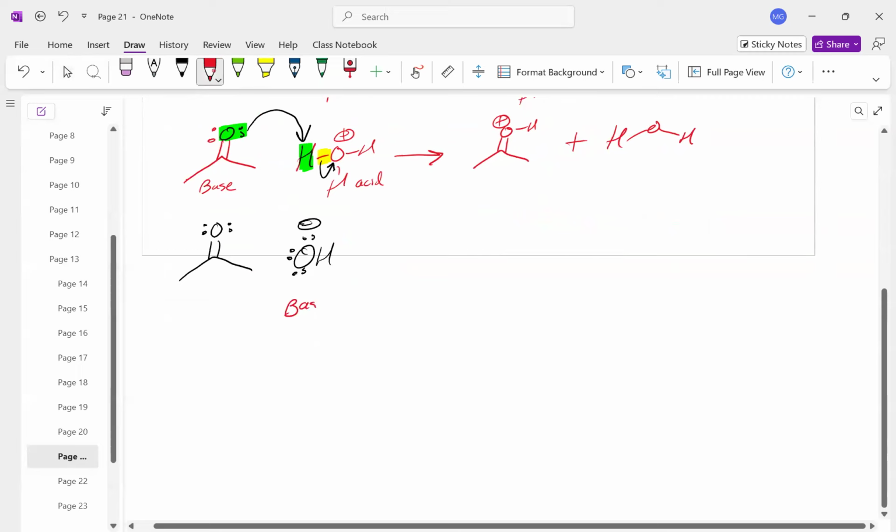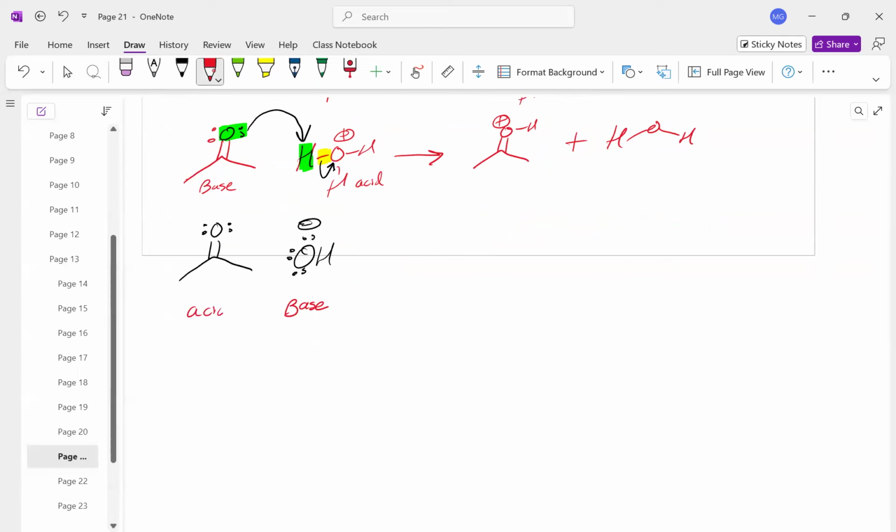This is our base, and this is our acid. Remember, hydrogens alpha to a carbonyl are slightly acidic. So I'm going to use a lone pair on the base to make a bond to a hydrogen. Can't leave it like that though, because that would put too many bonds to hydrogen. So I will move those electrons back to this atom.